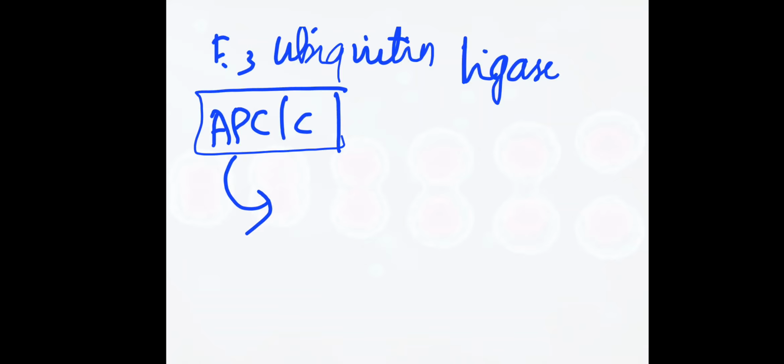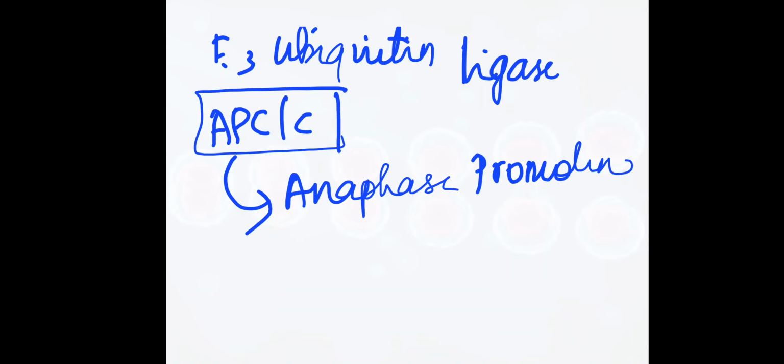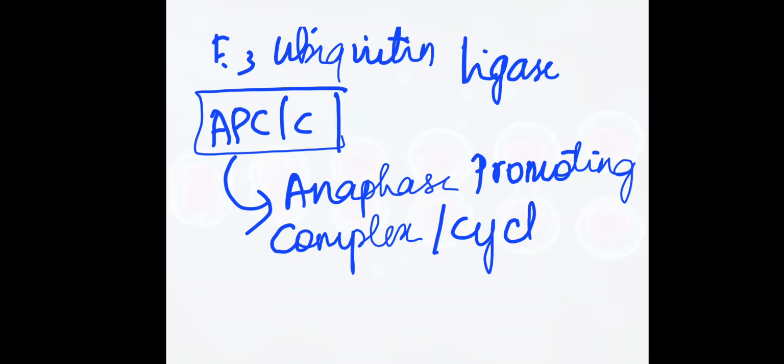The full form of APC/C is Anaphase-Promoting Complex: A for Anaphase, P for Promoting, C for Complex, and the last C is for cyclosome. So the full form of APC/C is Anaphase-Promoting Complex cyclosome.